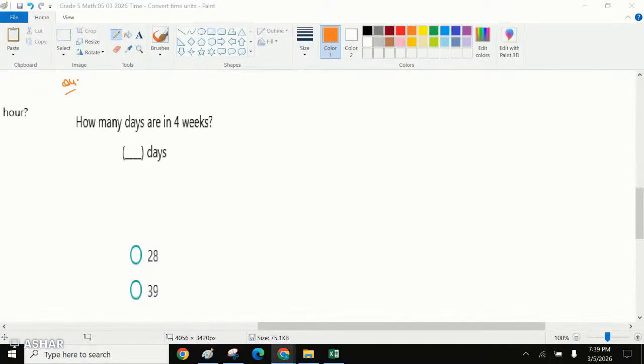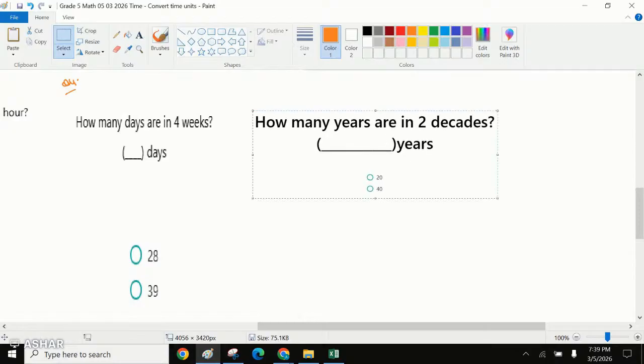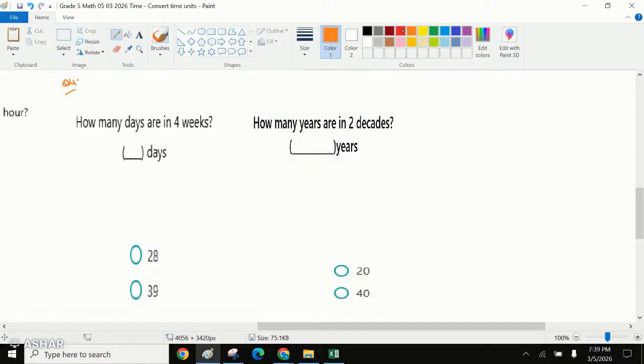The next question says, how many years are there in 2 decades? We just did a very similar question. Question number 5. How many days are there in a week? Can you write 4A or 4B? 7 multiplied by 4, right?